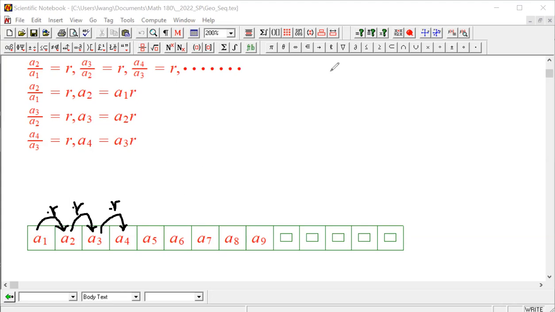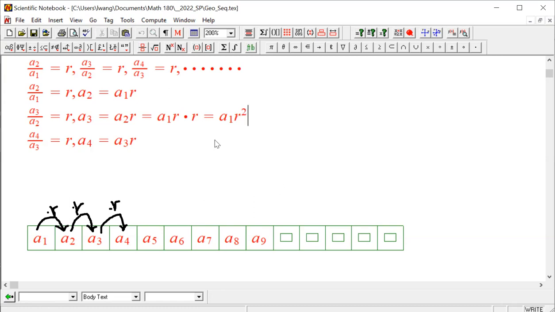In other words, if I want to get a sub 3, I can get it by a sub 2 times r, or because a sub 2 is equal to a sub 1 times r, and times another r, that's going to be a sub 1 times r squared.